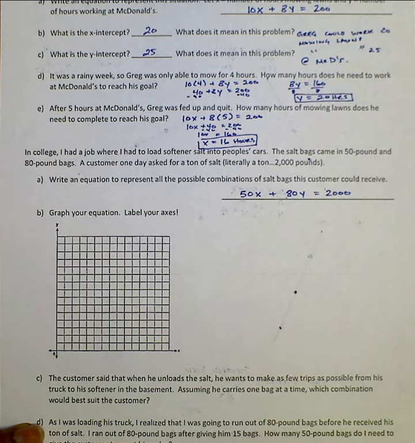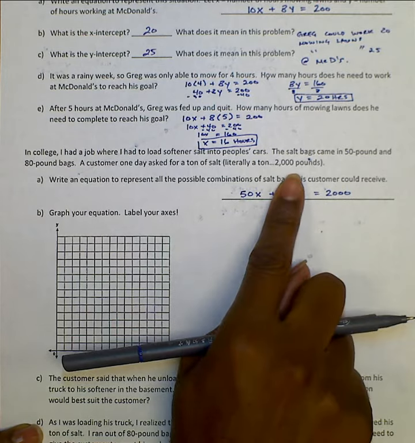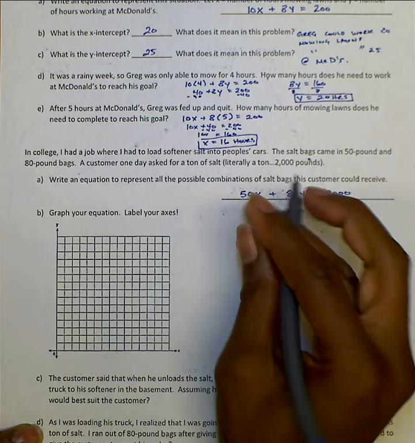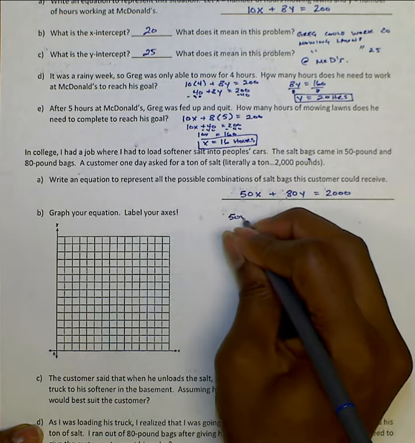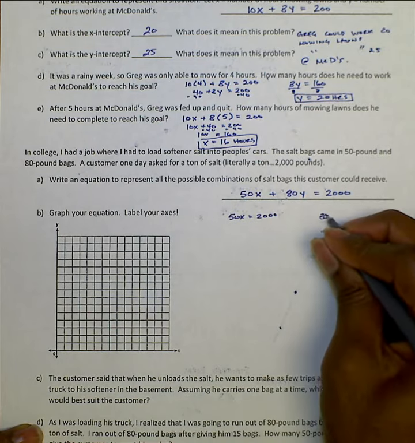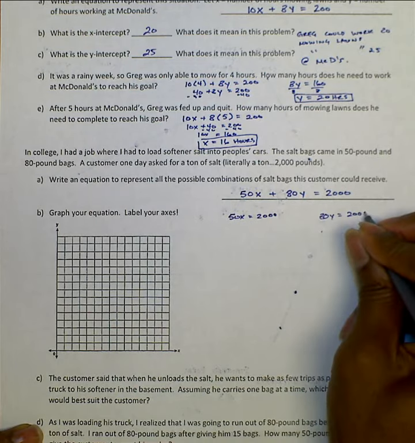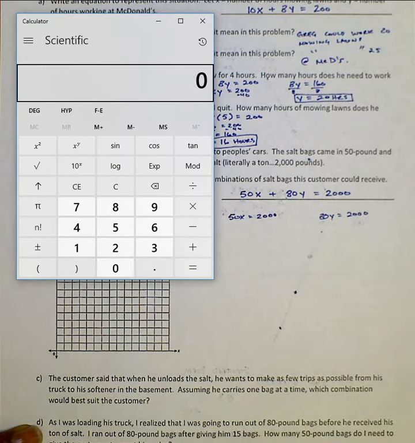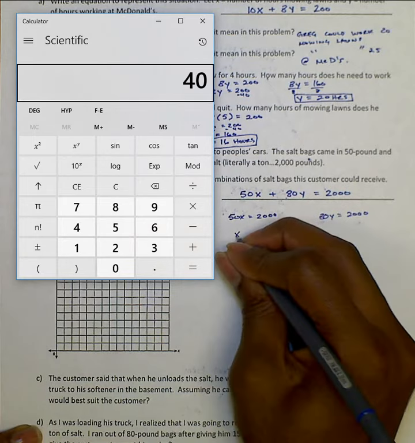Okay? And so, if we're going to graph the possible combinations here, what we would do is find our intercepts. So we have 50x equals 2,000, 80y equals 2,000, and we'll be finding the x and y intercepts. 2,000 divided by 50, so x would give us 40.